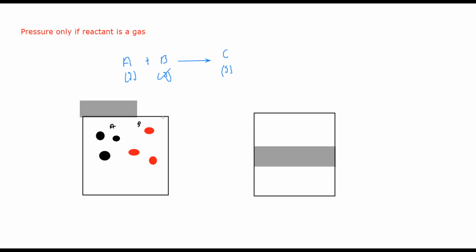This is a piston. A piston is a movable lid, a lid whose position can be changed. So we push the piston so that the particles will occupy less space or less volume, but the same number of particles of A and B.